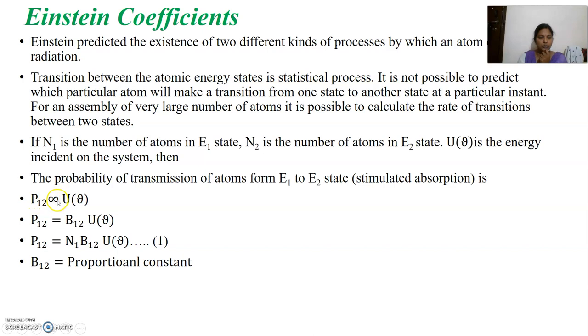It is directly proportional to the energy density of the incident photon and also directly proportional to the number of atoms in the ground state. We remove the proportionality by introducing a constant B1 to 2. So P1 to 2 is equal to N1 B1 to 2 U of nu. This is equation number 1, the equation for absorption.